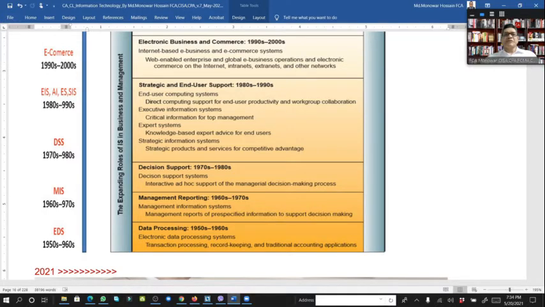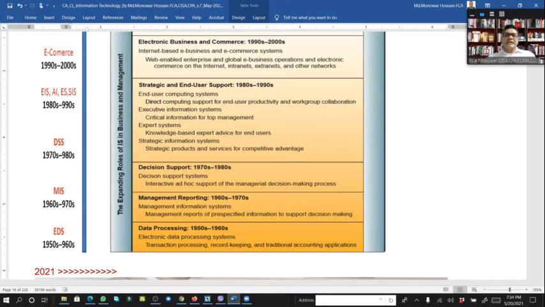An executive information system, EIS, provided critical information for top management. An expert system, ES, is knowledge based expert advice for end users. And also the strategic information system, SIS, offered strategic products and services for competitive advantage.